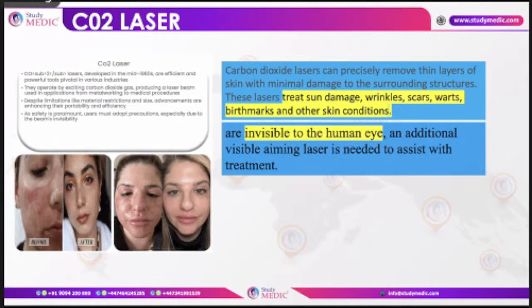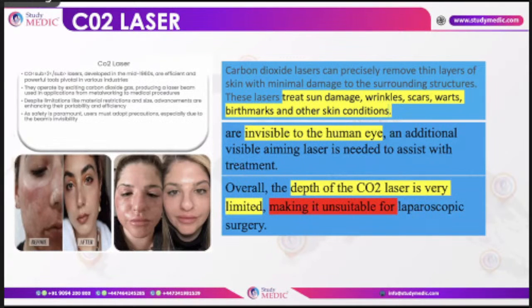Okay, so definitely this is something which your dermatologist friend would be using. But why are we not using it for laparoscopic surgery? Because you know, in laparoscopic surgeries, you need the depth to be more. When the depth is limited, the carbon dioxide laser cannot be used. That is the reason this is not used for laparoscopic surgery.